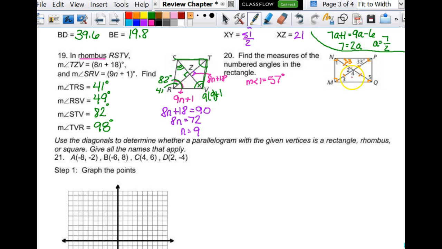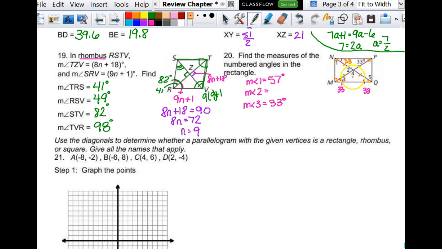These two triangles are congruent, so if both of these are 33, then both of these are 33. So I can say that the measure of angle 3 is 33 degrees. And if this is 33 and this is 33, then I can find angle 4, because 33 and 33 is 66.